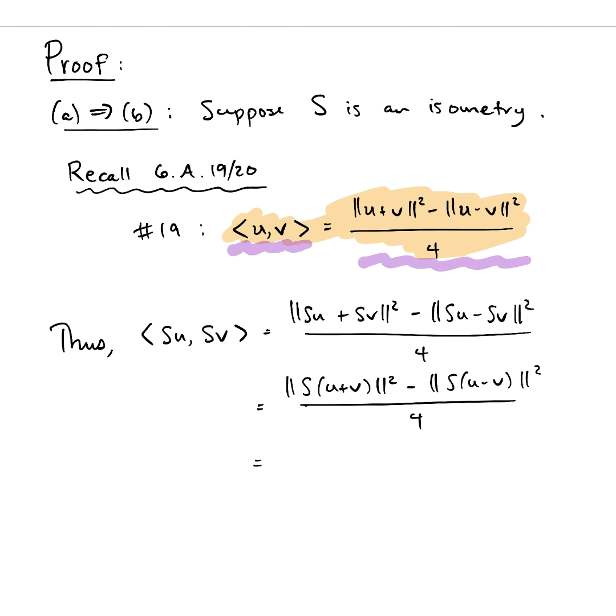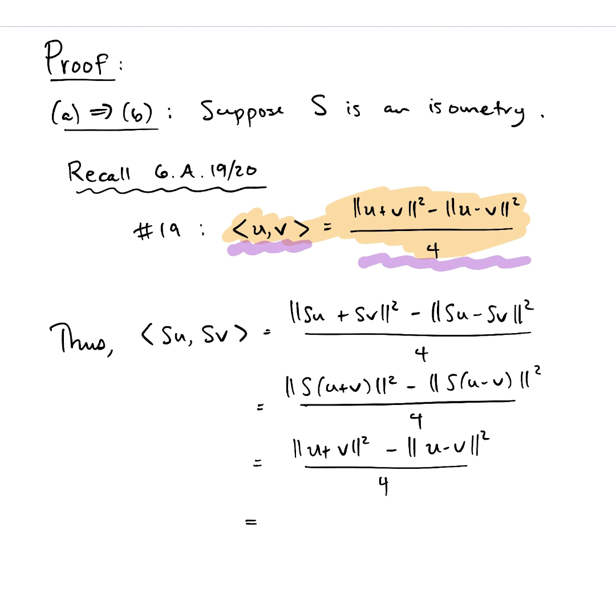But by supposition in this part, A implies B. Part A is that S is an isometry. So that means in the numerator we really have norm U plus V squared, take away norm U minus V squared, all over 4. Remember, by supposition, S preserves norms.